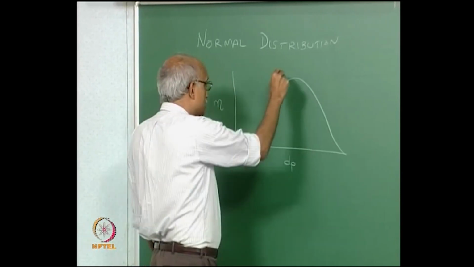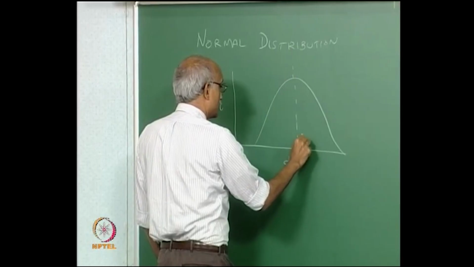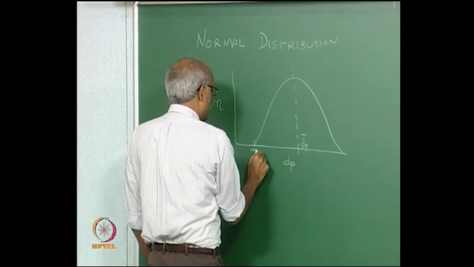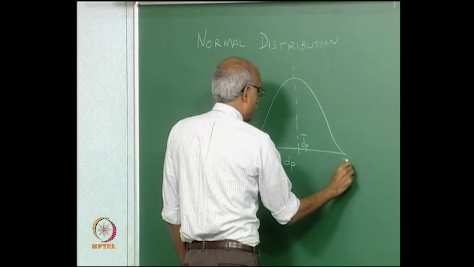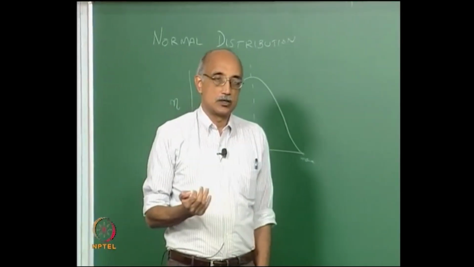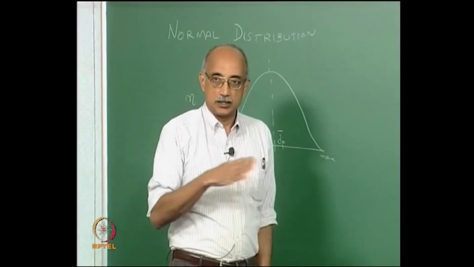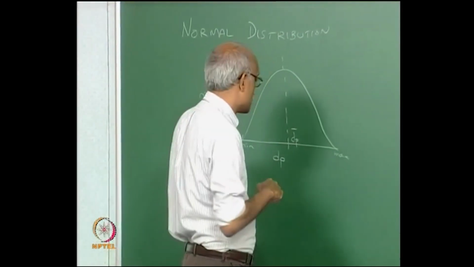So, there will be a mean size corresponding to this population, there will be a minimum size, there will be a maximum size, and there will be a standard deviation or variability value which describes the spread in the population.